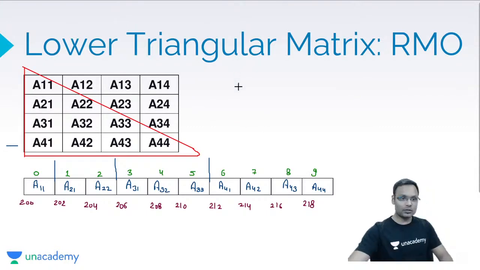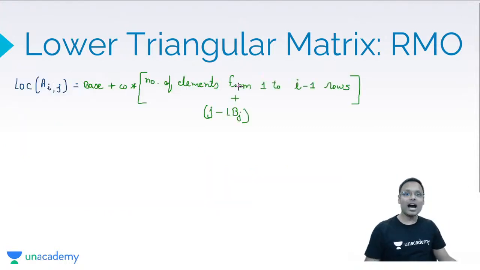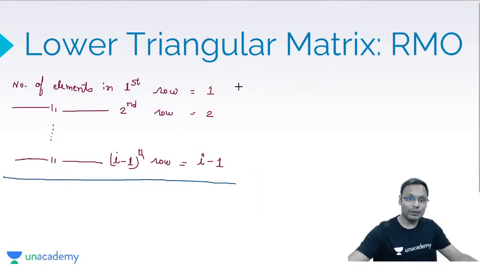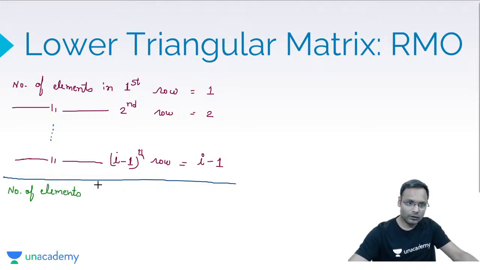So before the ith row, 1 to I minus 1 rows are all stored. How many elements total in those, from first to I minus 1th row? Number of elements from row number 1 to I minus 1.